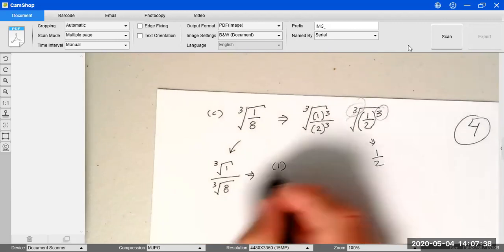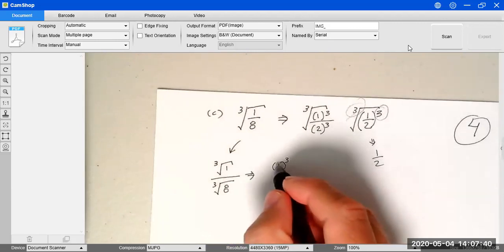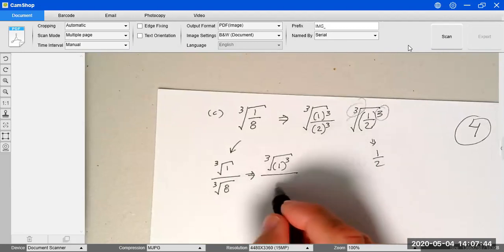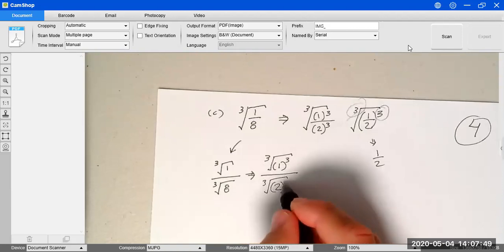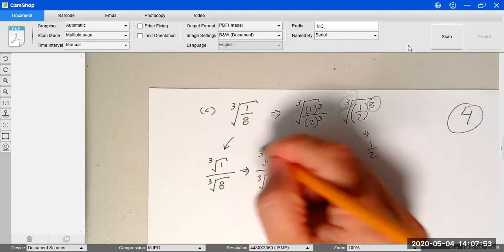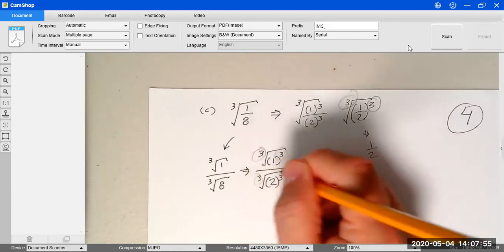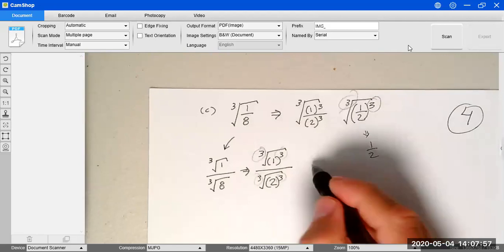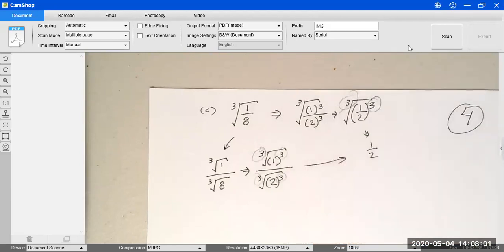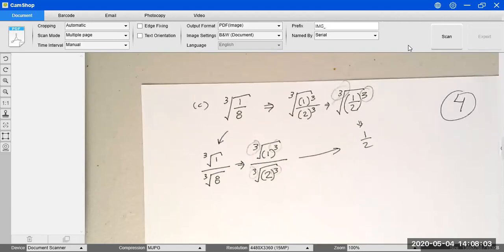We want to write 1 as 1 to the third power, then I have my radical sign, and I have another radical sign here, and 8 is going to be 2 to the third power, and then you just work this independently. You cancel this with this, you cancel this with this, and you end up again getting 1 over 2. So that's everything with respect to finding roots.